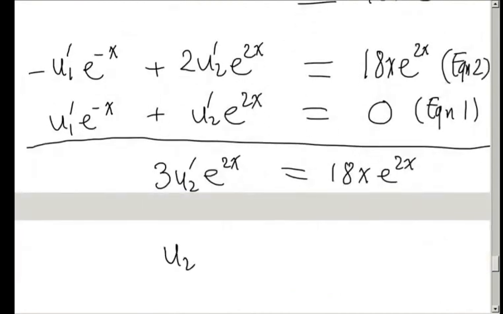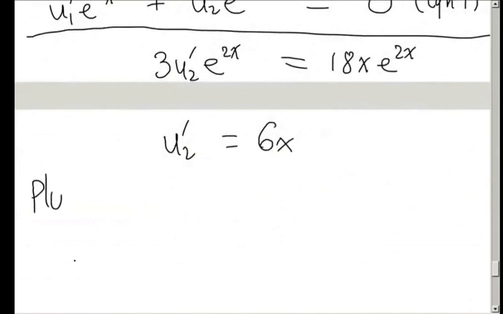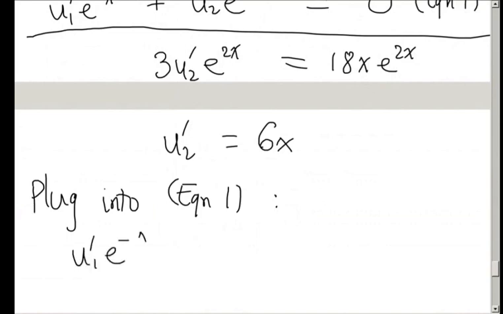And we solve for u2 prime. Divide both sides by 3 and then by e to 2x. We get u2 prime is 6x. Now plug into, as before, equation 1 to solve for u1 prime. We have u1 prime e to the negative x plus u2 prime, which is 6x, e to the 2x equals 0.